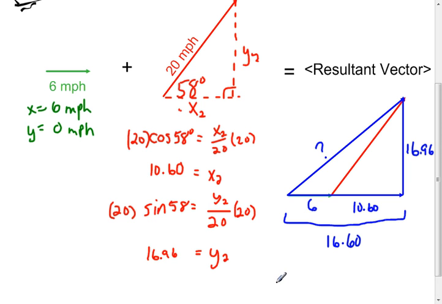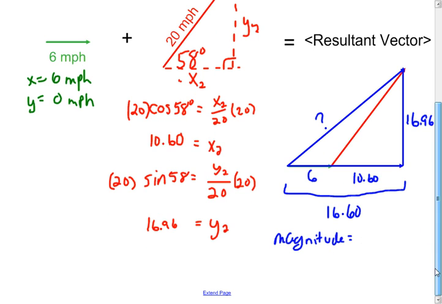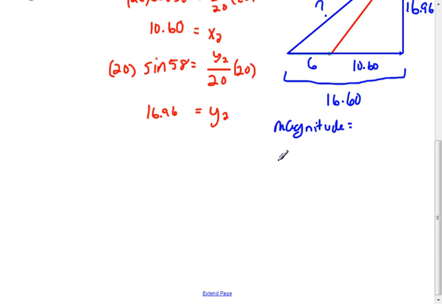So to figure out the magnitude, we're going to do a squared plus b squared equals c squared. So we're going to use the Pythagorean theorem. So I'll give myself a little bit more room here. We'll go 16.60 squared plus 16.96 squared equals c squared.